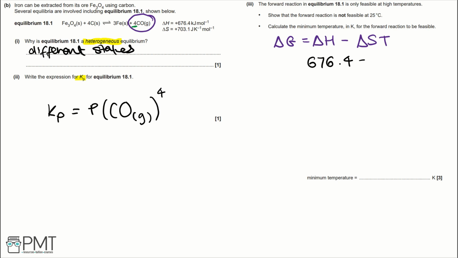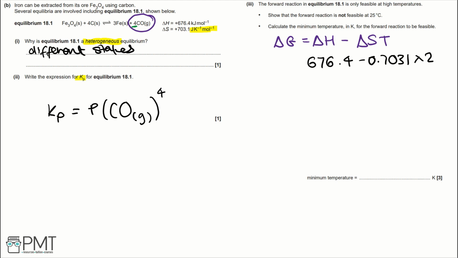676.4 minus 0.7031, because I have converted the joules K to the minus 1 mol to the minus 1 into kilojoules K to the minus 1 mol to the minus 1. And then we need to multiply by the temperature, and we do that in Kelvin.